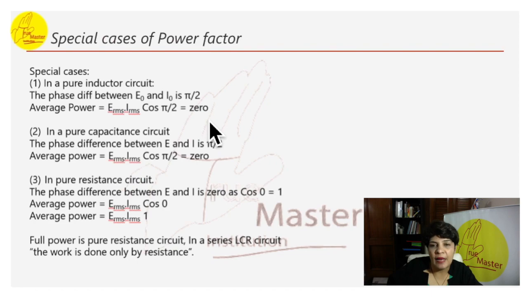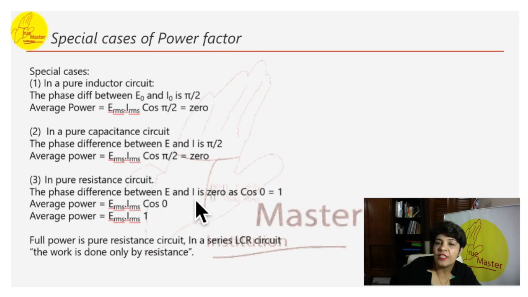Similarly, in a pure capacitor, the phase difference between E and I is 90 degree, so cos 90 degree is 0. So average power here again is 0. Only in pure resistance, E and I have no phase difference. They are actually the same, just E is ahead and I, because of resistance, is smaller.